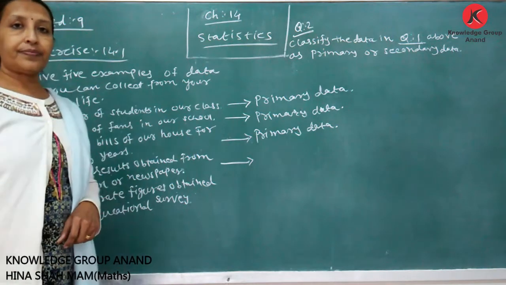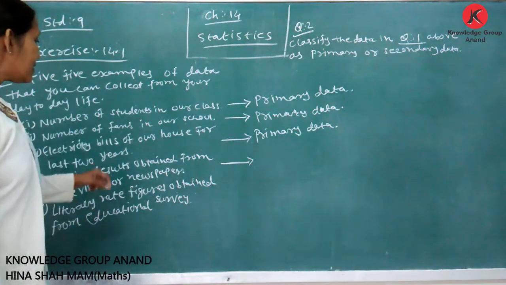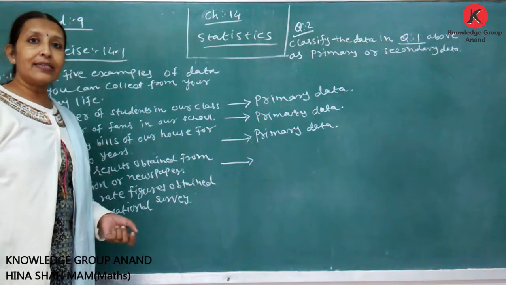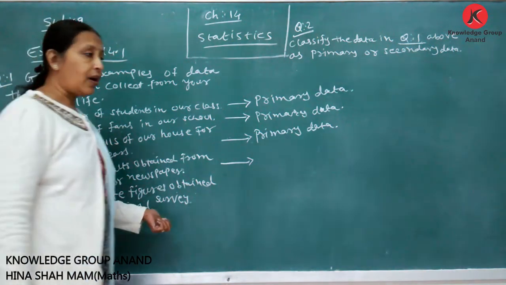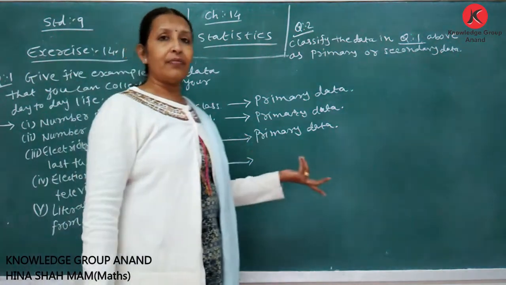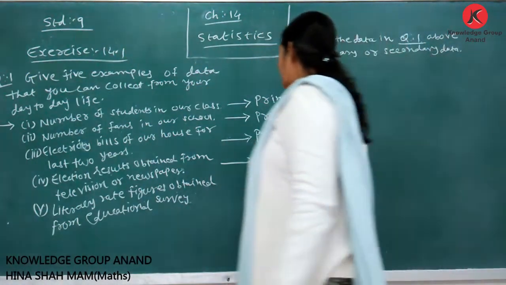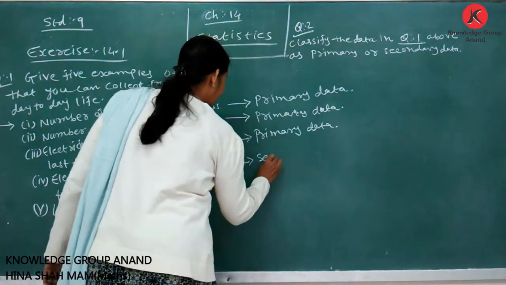Number 4, election results obtained from television or newspaper. Election results obtained from television or any media are called secondary data.